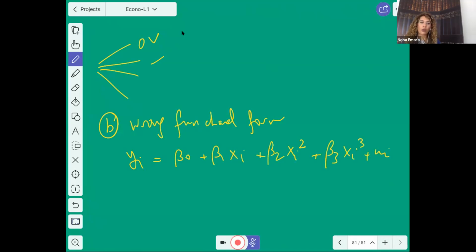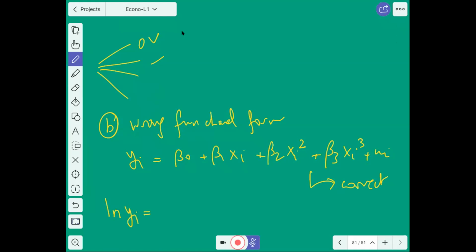Suppose this is the correct form of the model. But for some reason, you decided to regress a natural log model of yi on the same set of regressors.